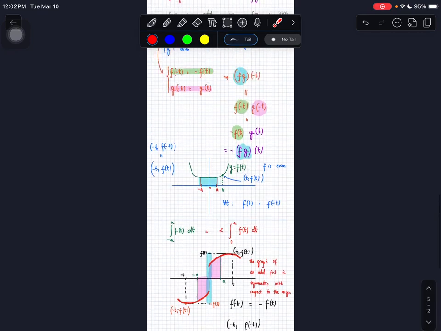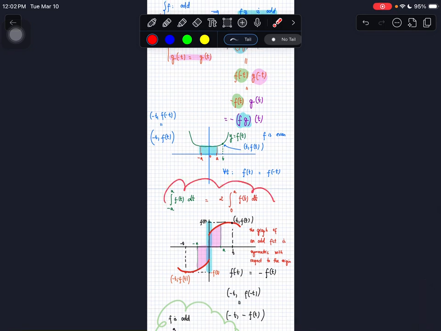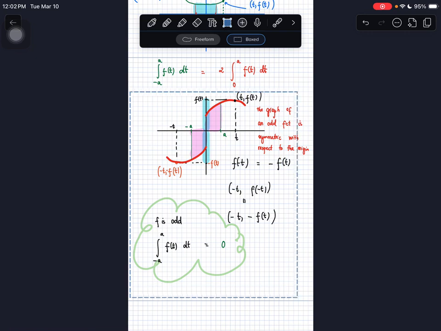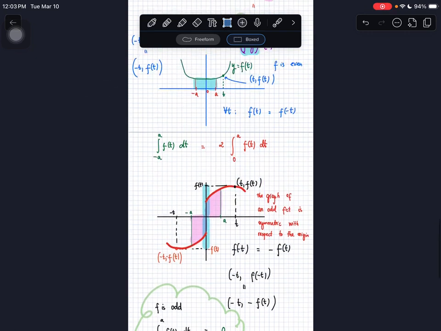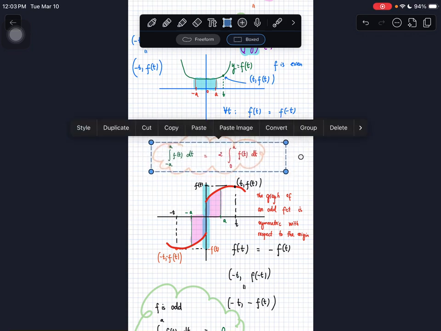If f is even, the integral is twice. So now we are ready to compute the Fourier series of odd and even functions.